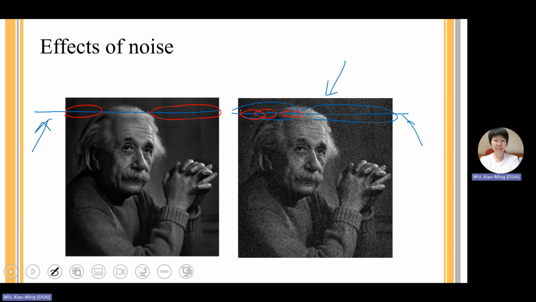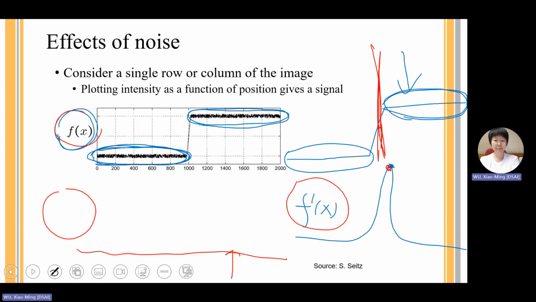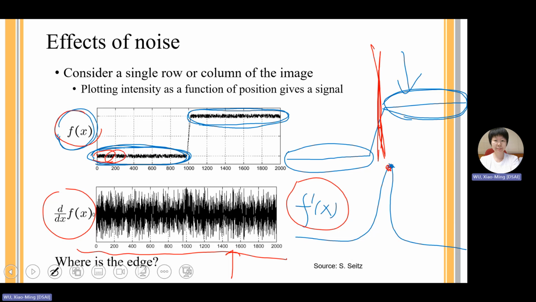But with the introduction of noise, the nearby values don't have similar values. Now they have large differences.